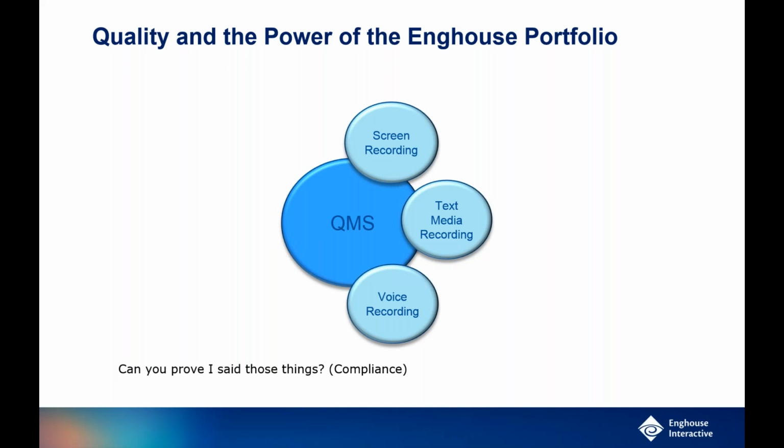It might be your calls through voice recording. It might be your emails or chats or SMSs or social media through text media recording, or it might be actually watching what the agent does on the screen and recording that either selectively by application or to record the entire screen.